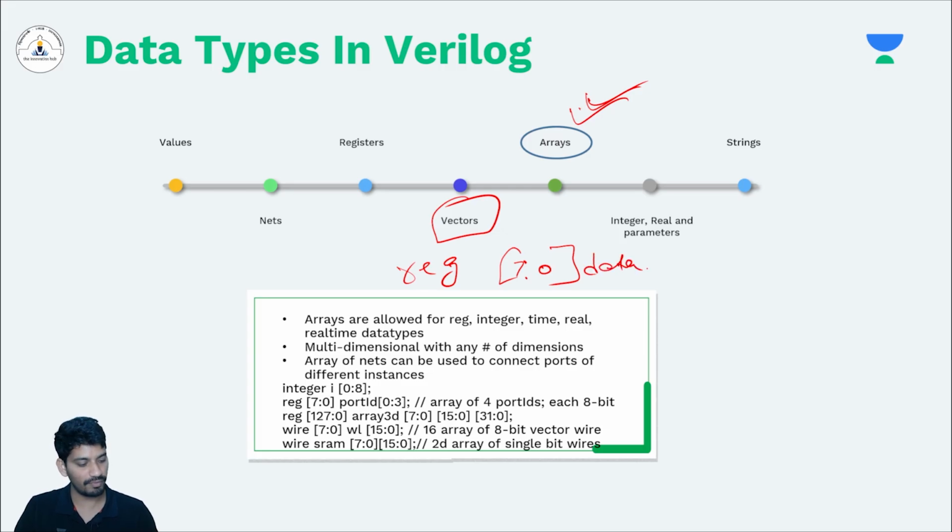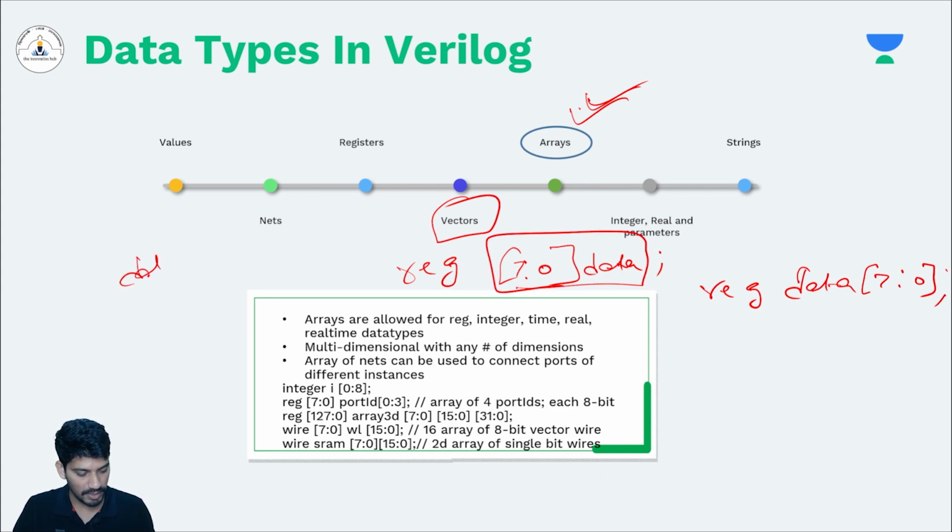But in the case of an array, you define it like this: data, then range 7 down to 0. So what does this mean? The vector data is an 8-bit vector from 0 to 7.